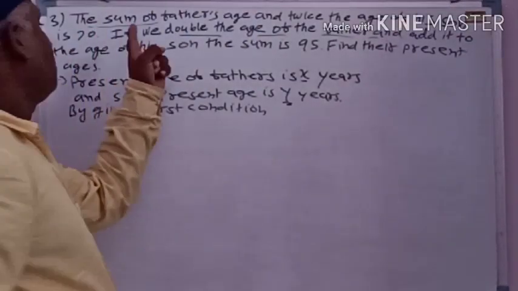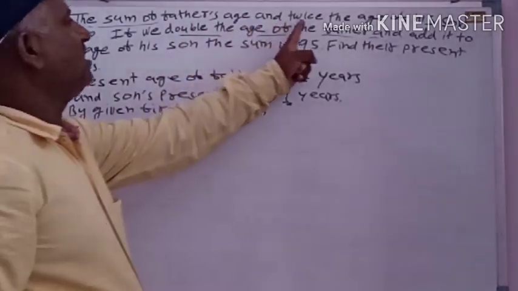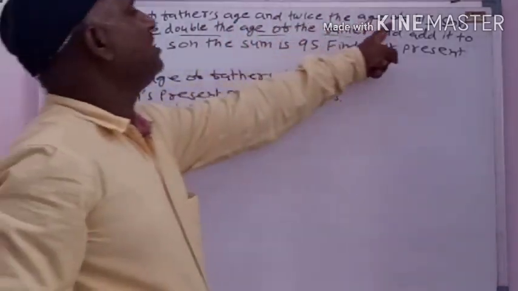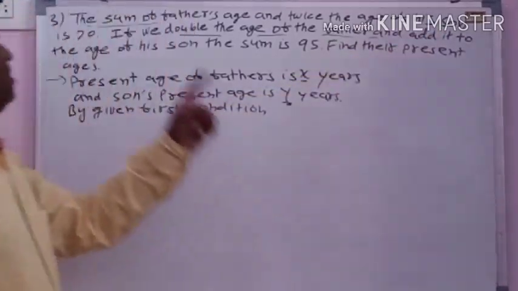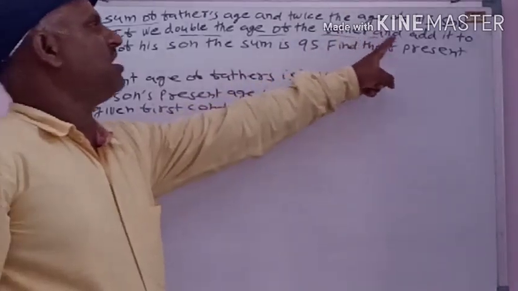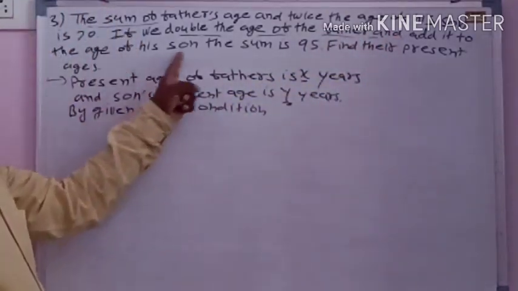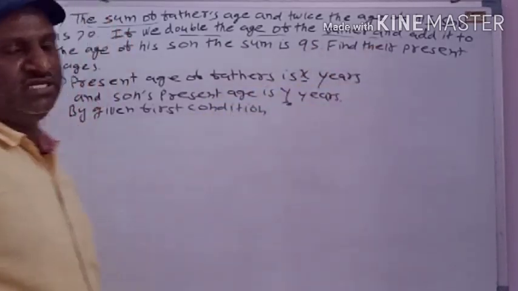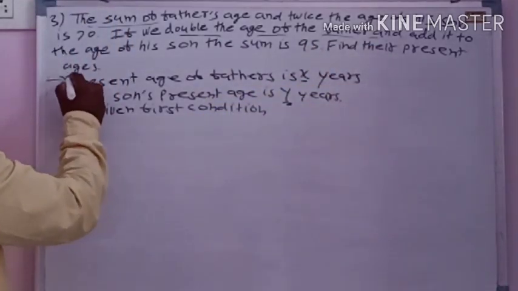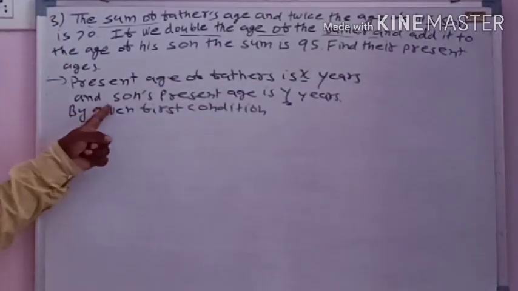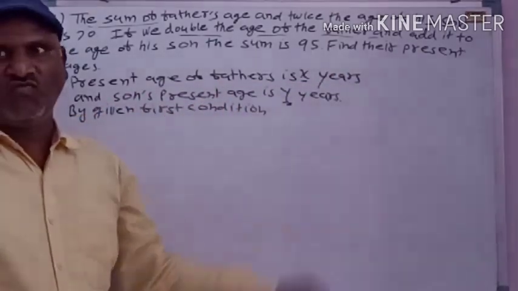Now the third example. The sum of father's age and twice the age of his son is 70. If we double the age of the father and add it to the age of his son, the sum is 95. Find their present ages. First of all, let us consider the present age of the father is x years and the son's present age is y years.